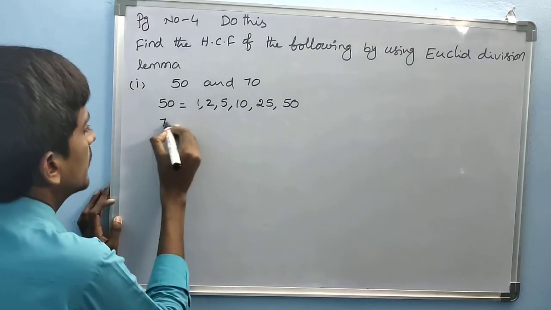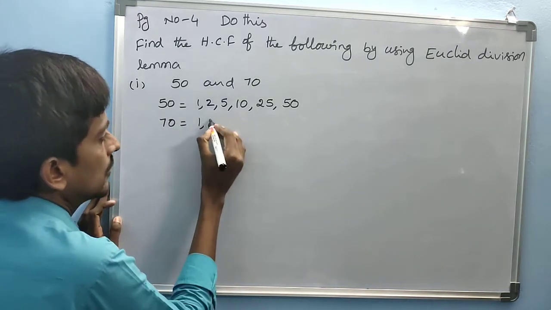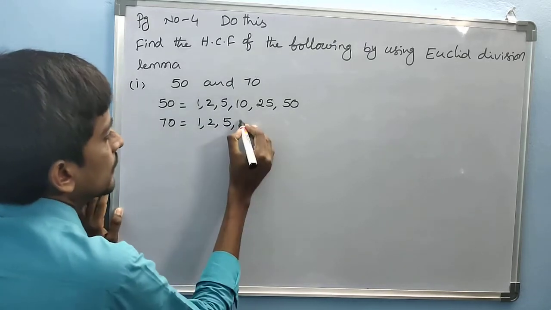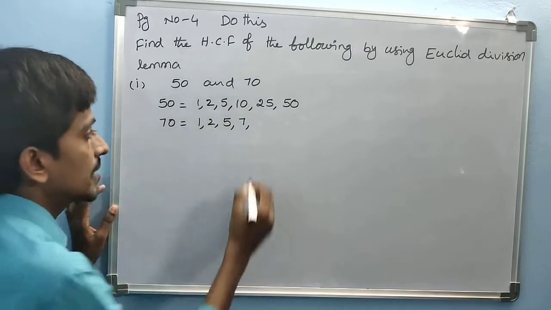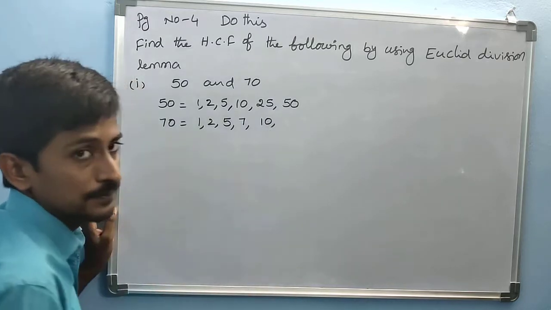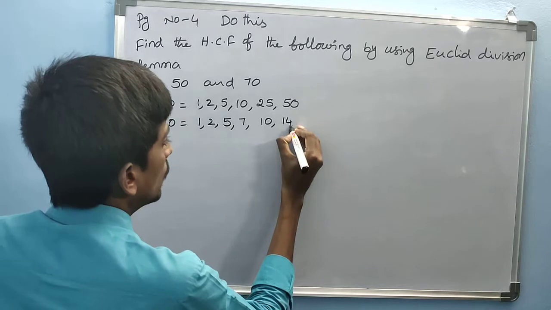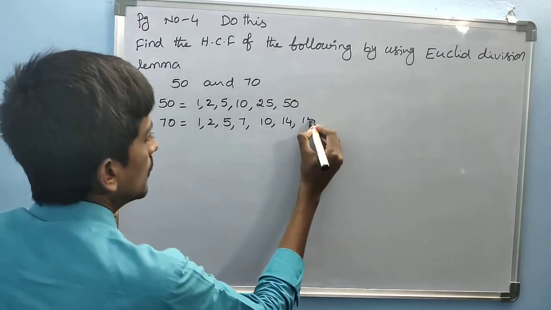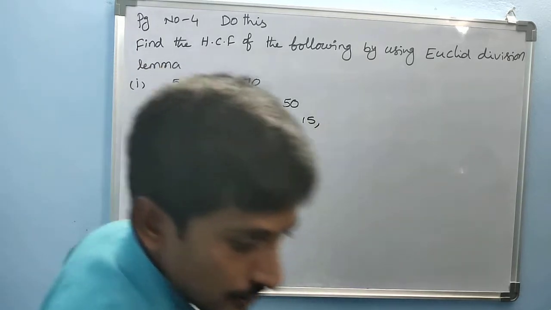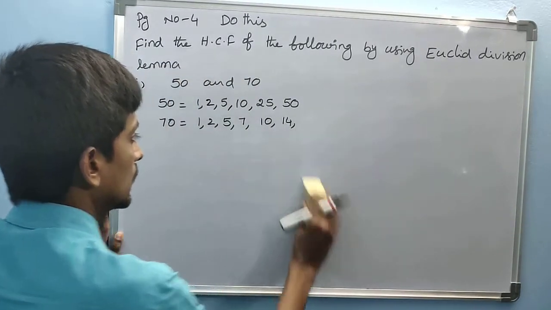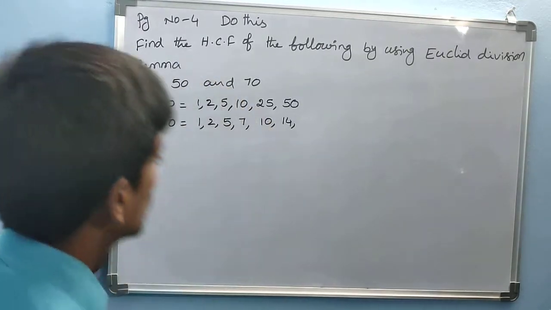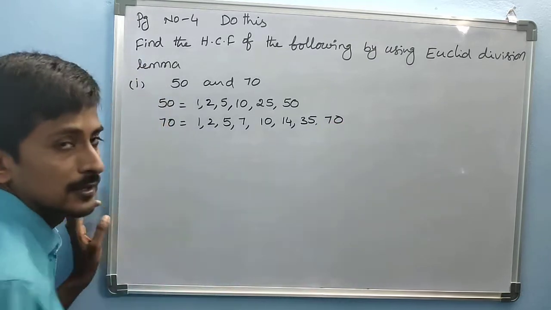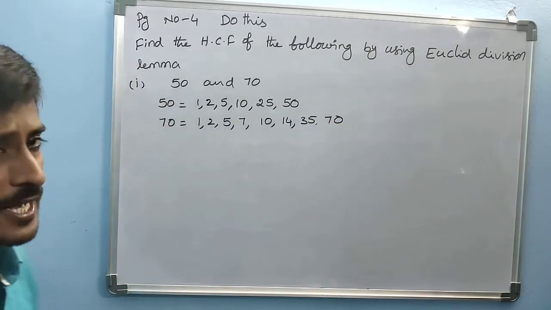And for 70, you take 70: 1 table, 2 table, 5 table, 7 table, 10 table, 14 table, 35 table, and 70 table. These are the factors of 70.